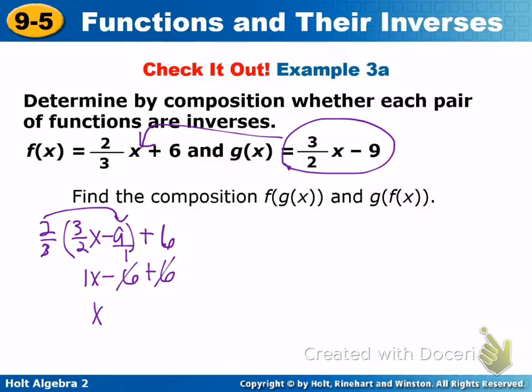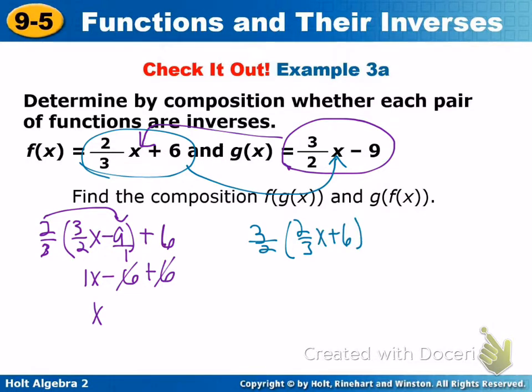So now we're going to put the f of x into the g of x. See if we can get it done. So that would be the 3/2 times the 2/3 x plus 6, minus 9. The 3/2 and the 2/3 equals what when you multiply them? 1x.